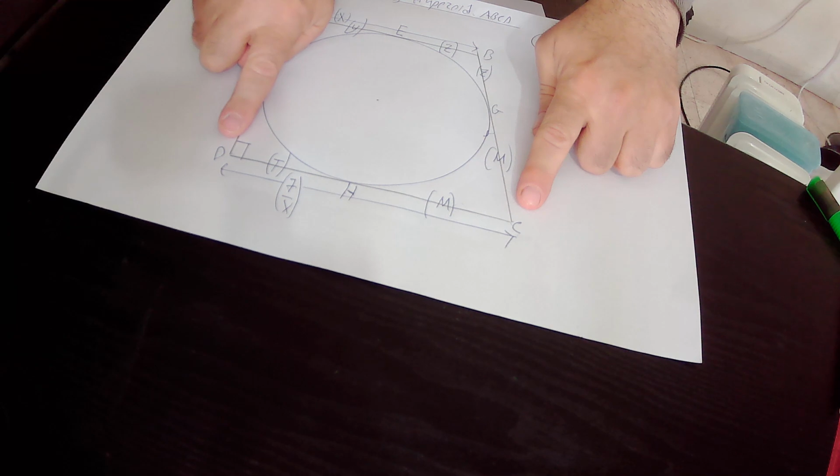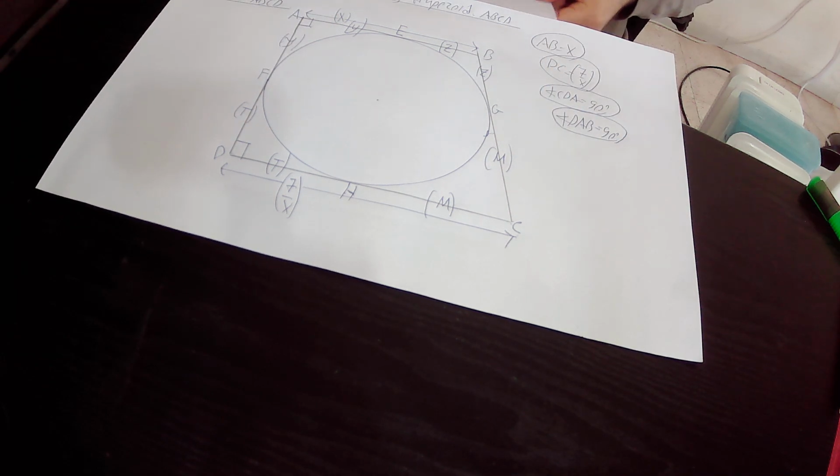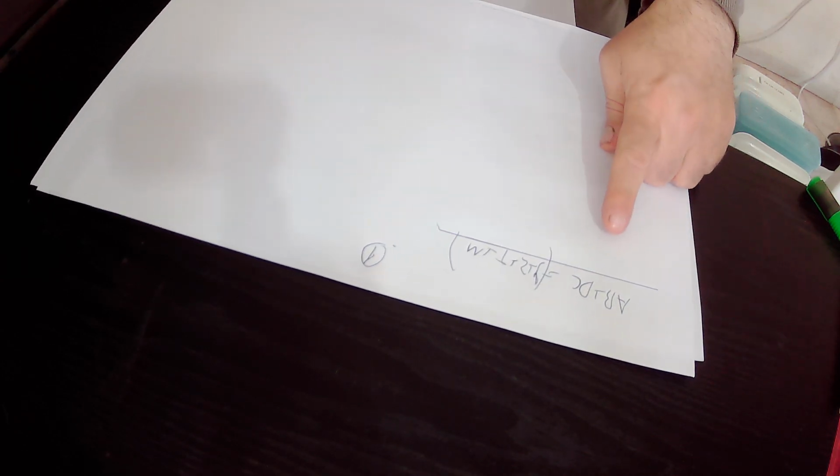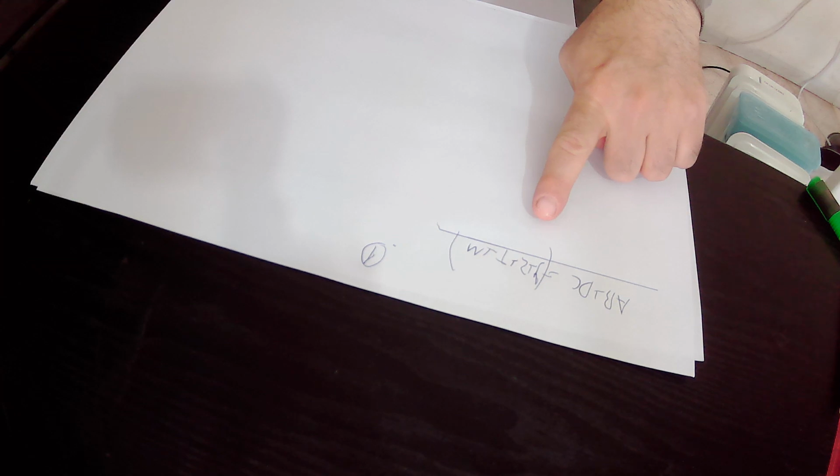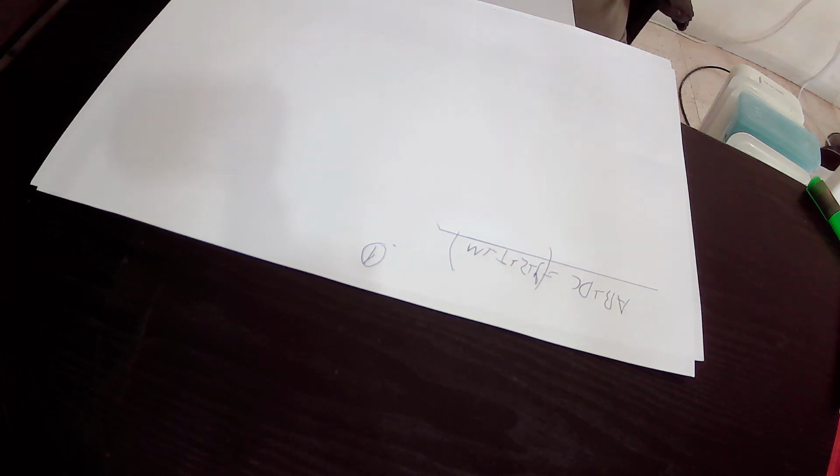DC, according to rule 2, equals T plus M. So in total, we found out that AB plus DC equals Y plus Z plus T plus M.